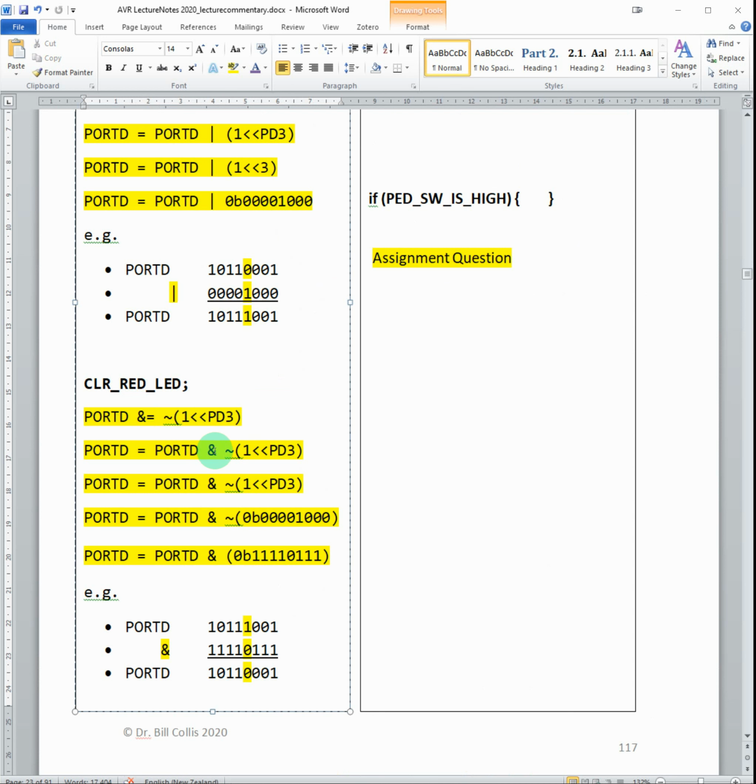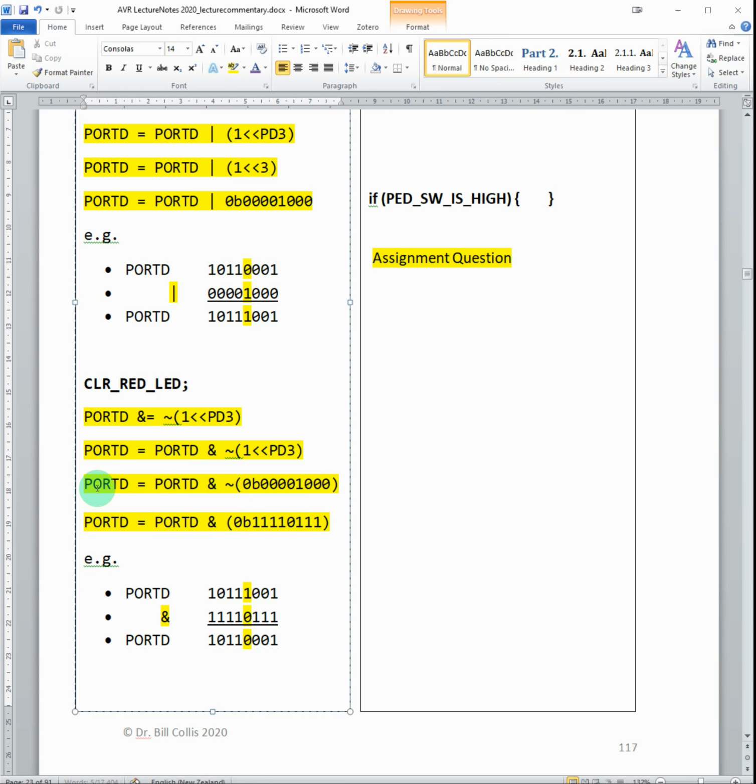To force a bit to 0 means we have to AND it with 0. So we take our number, which is, again, we're just unpacking this. Let's take that out. I've taken this number here, and I want this bit to be 0 and the other bits to be 1, so that's why we invert them, and we end up with this.